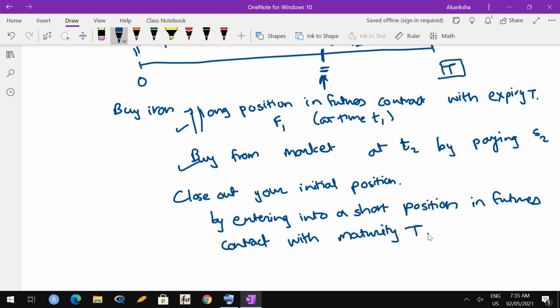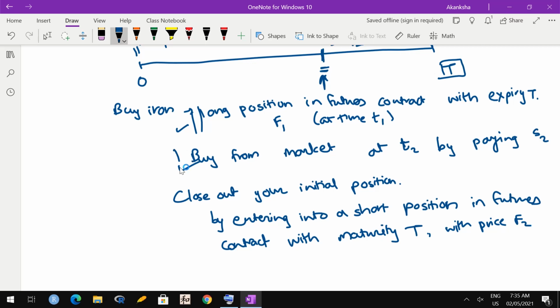Okay, with maturity capital T, and for this futures contract the price may be F2. So you take now a short position opposite of what was your earlier position.